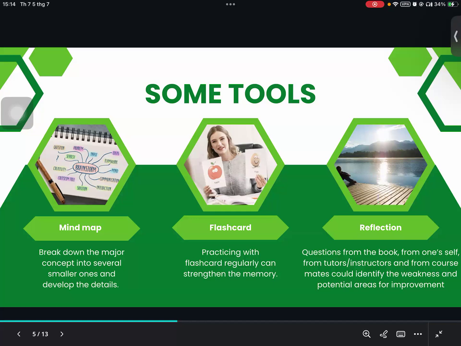So they may write some questions, and by answering their questions, you may have some reflection on how well you are doing regarding this subject and how you can improve. This is a very and particularly helpful exercise since it can help you to identify the weaknesses and the potential areas for improvement.